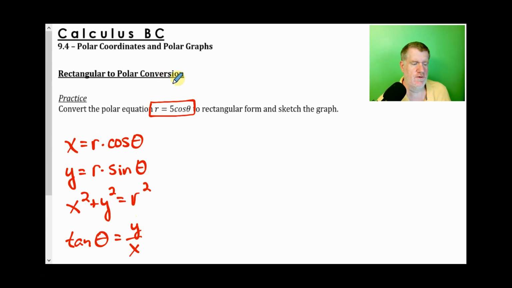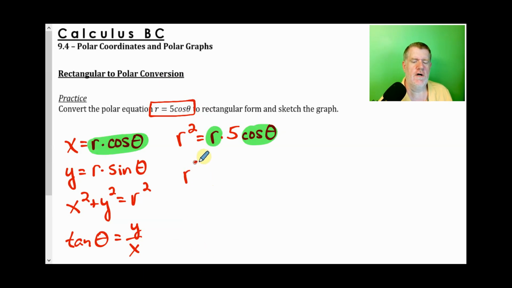The first thing I'm going to do is multiply both sides by r. I get r squared equals r times 5 cosine of theta. Now by doing that, see how I get r cosine of theta? And what is r cosine of theta? Well, that's x. So I've taken one step.